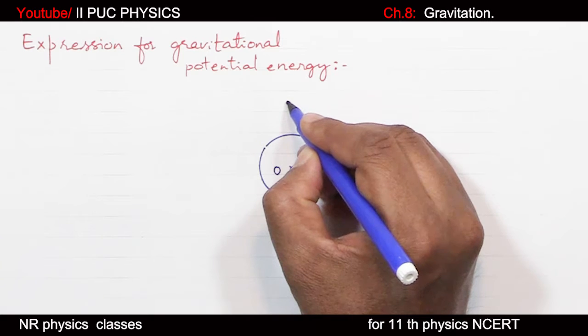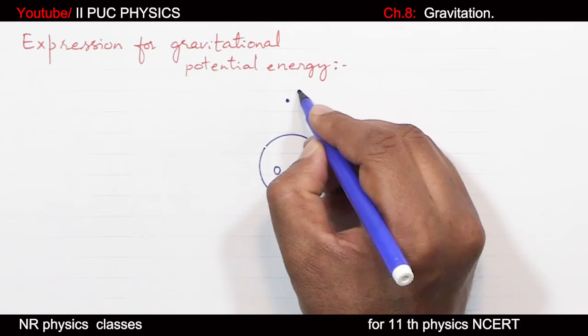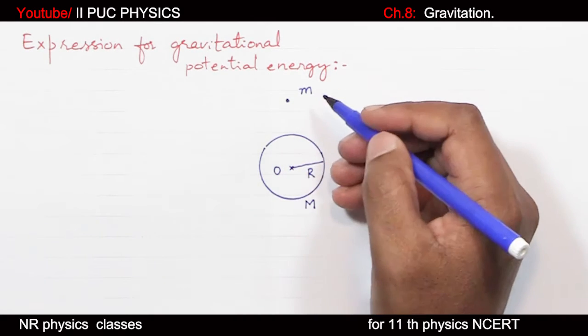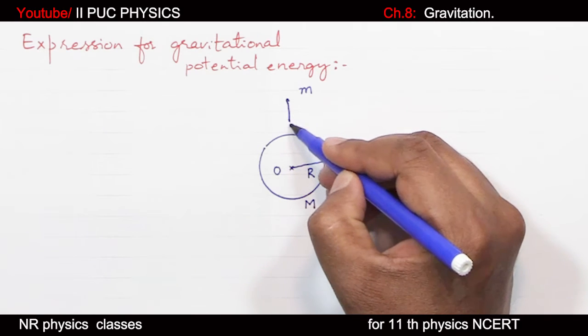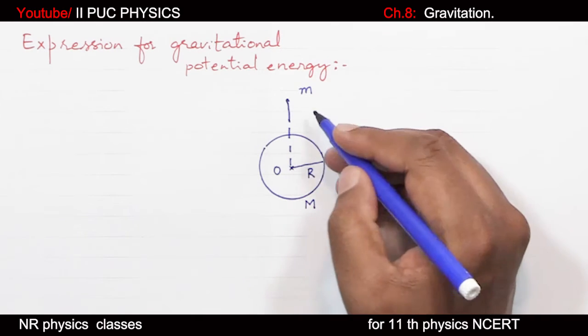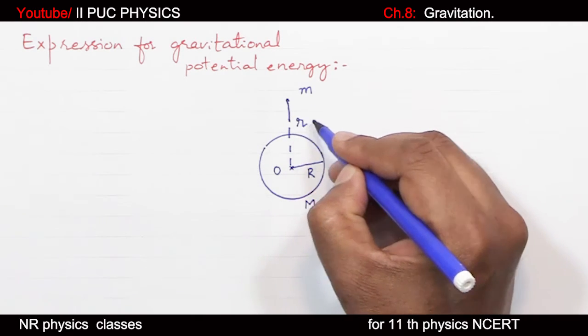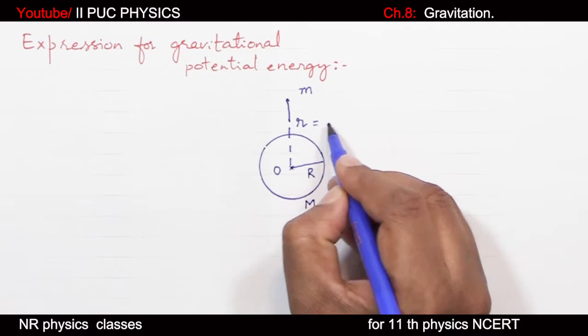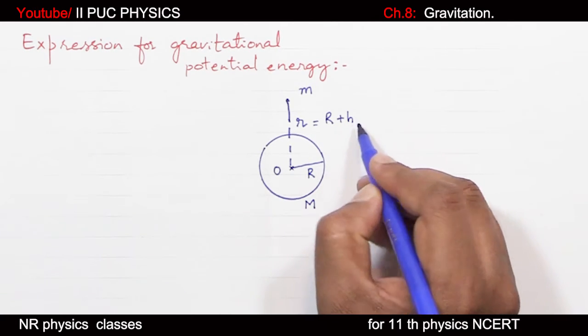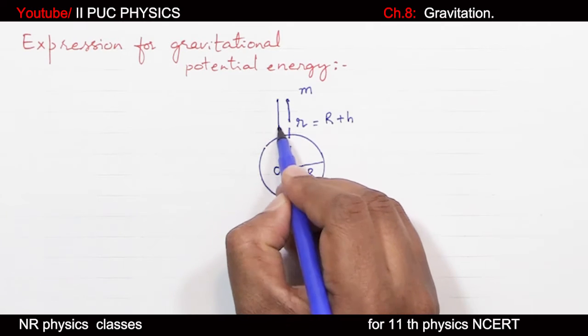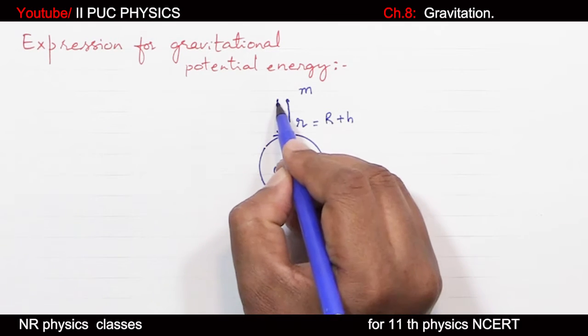Let us keep a point object of mass m at a distance r from the center. So this is r, and this r is equal to radius of the earth plus height. So this is height h. Okay.